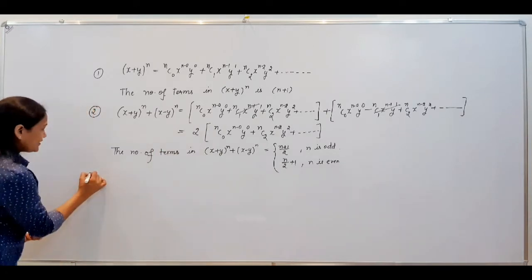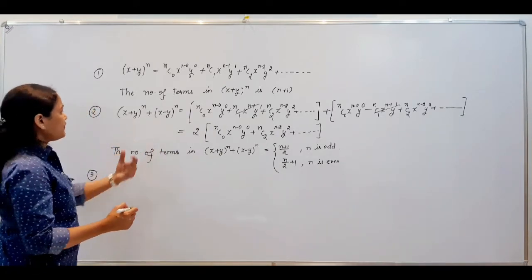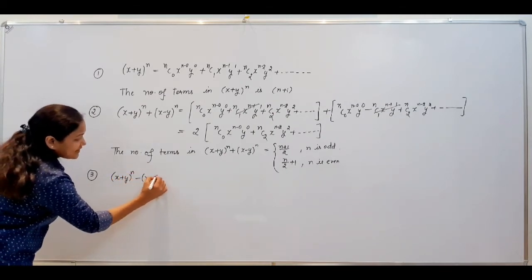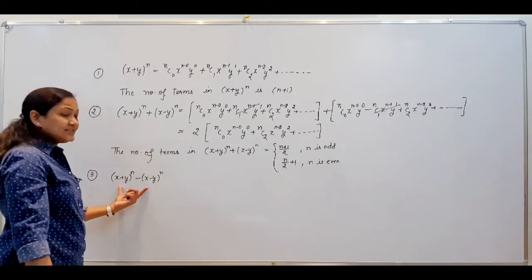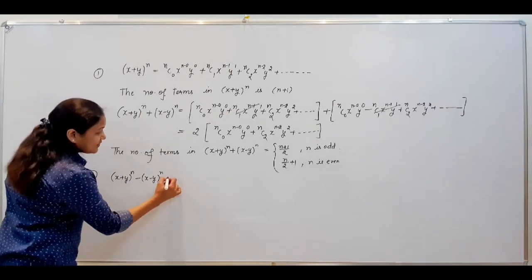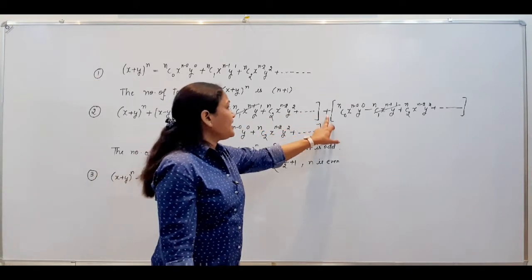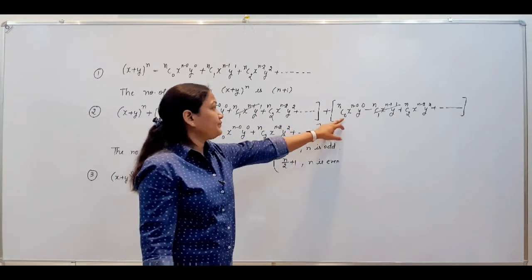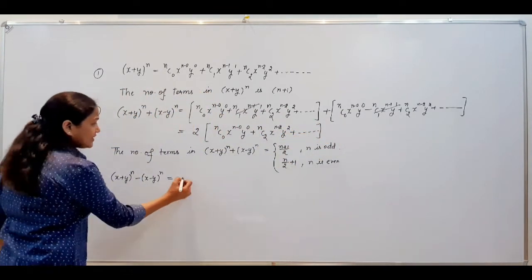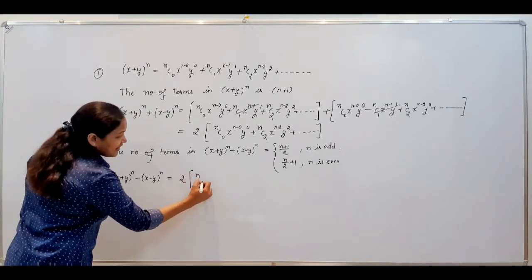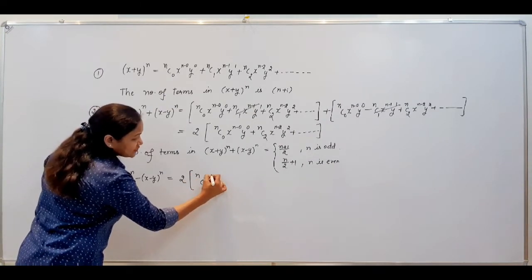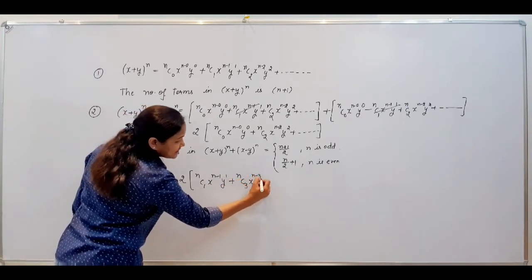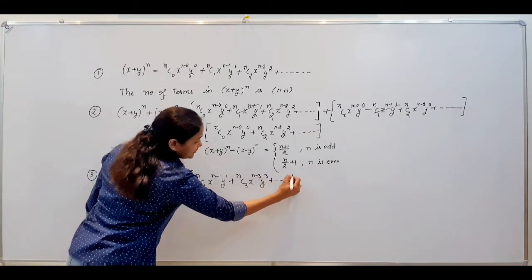Similarly, let us try to find out the expression for x plus y raised to power n minus x minus y raised to power n. In the expansion of this, if you observe, since there is a minus, the even terms, when r is even, will cancel out and you are left with 2 times nC1 x raised to power n minus 1 y raised to power 1 plus nC3 x raised to power n minus 3 y raised to power 3 and so on.